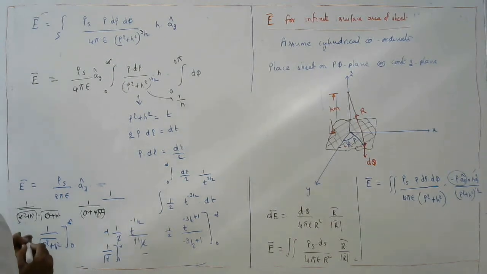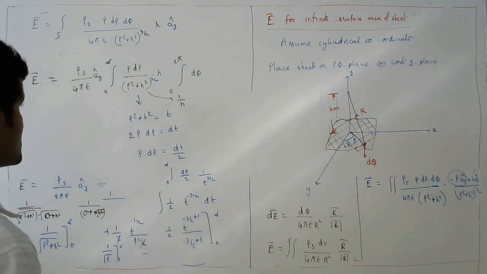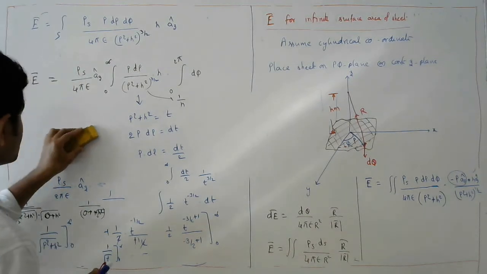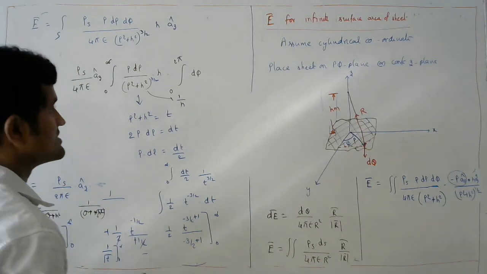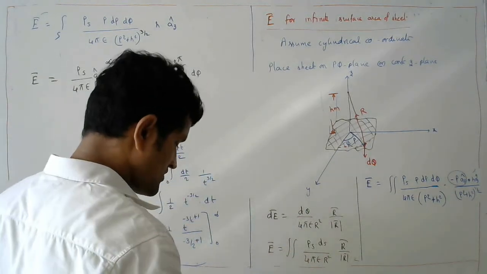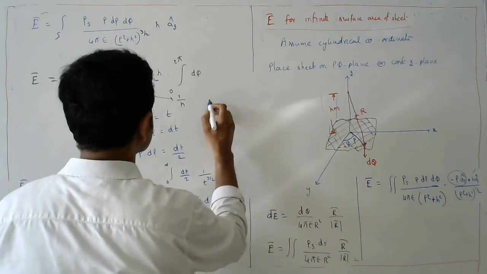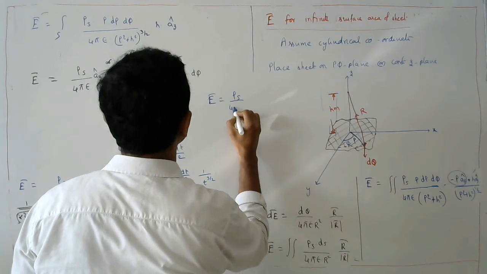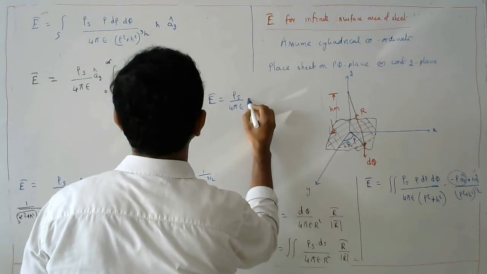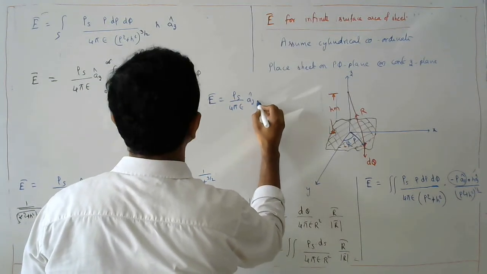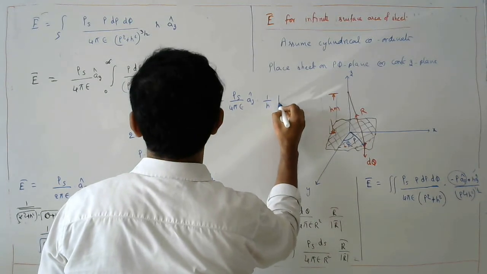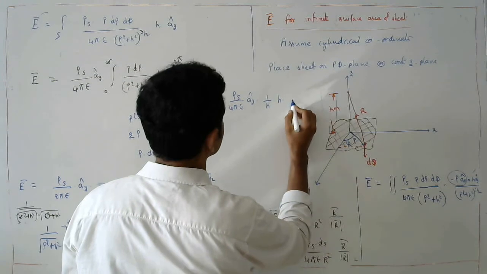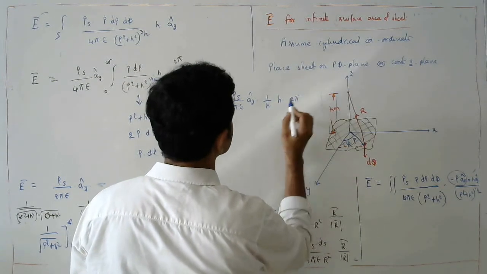So from this analysis, I can write the expression for electric field intensity, and conclude here: E bar is equal to rho s by 4 pi epsilon into az cap into 1 by h into the d phi variation, 2 pi minus 0, so 2 pi.